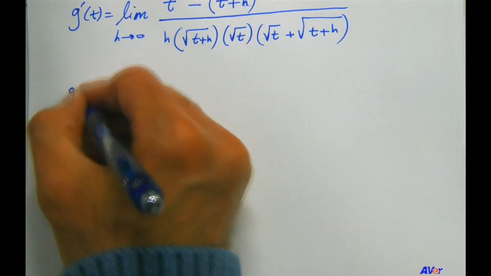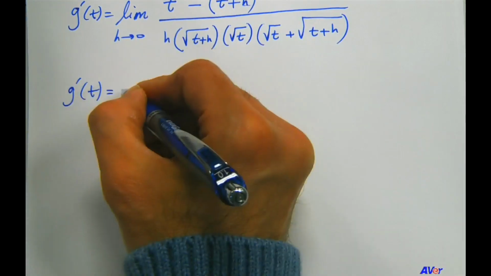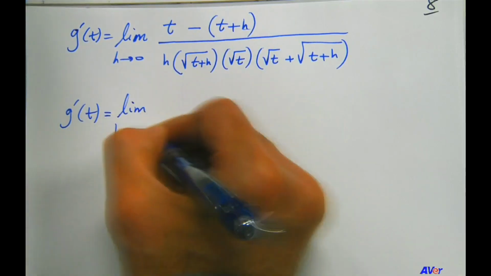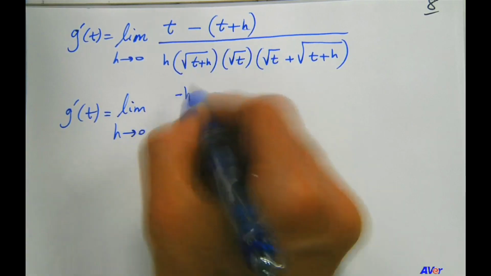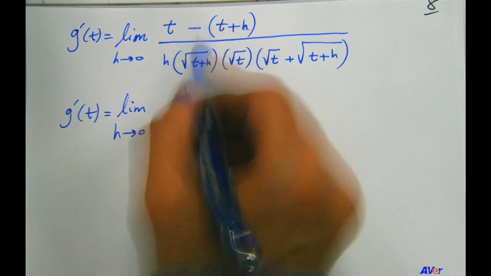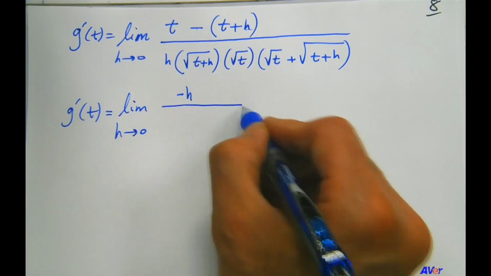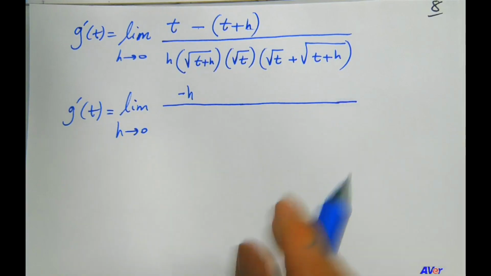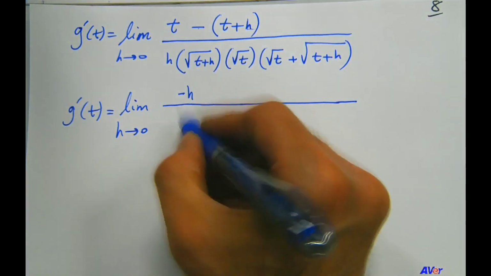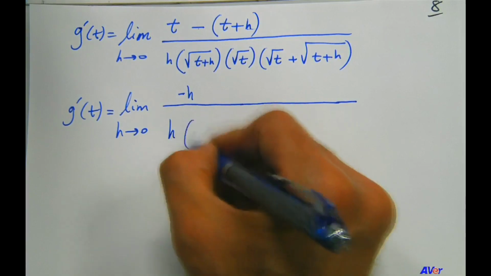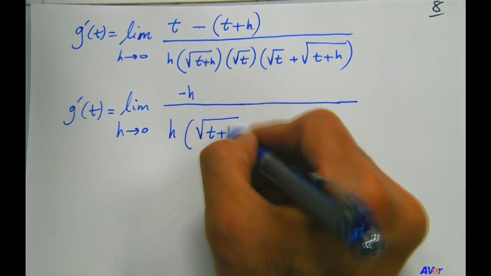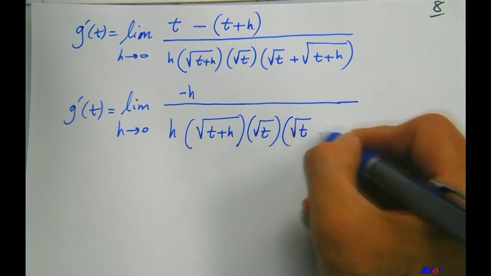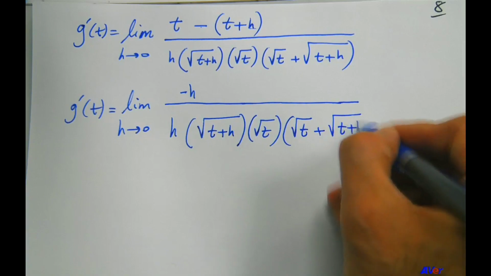So we have g prime t equals limit as h goes to 0 of minus h, right? This minus times h is minus h divided by all of that: h times square root of t plus h times square root of t times the quantity square root of t plus square root of t plus h.